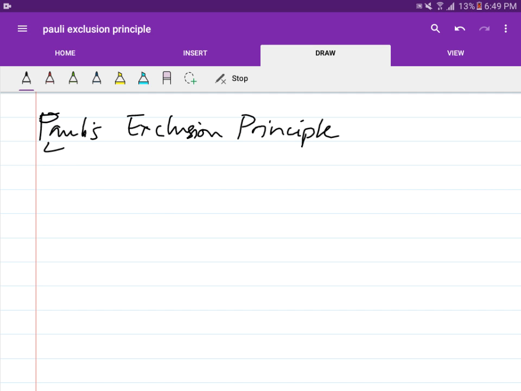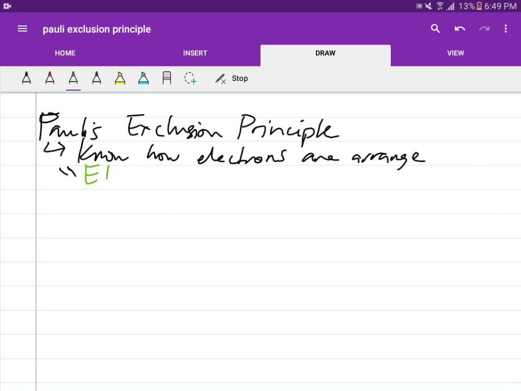With this principle, we can know how electrons are going to be arranged, and this we call the electronic configuration. So now, using this principle, let's try to see how the electrons are configured in atoms.